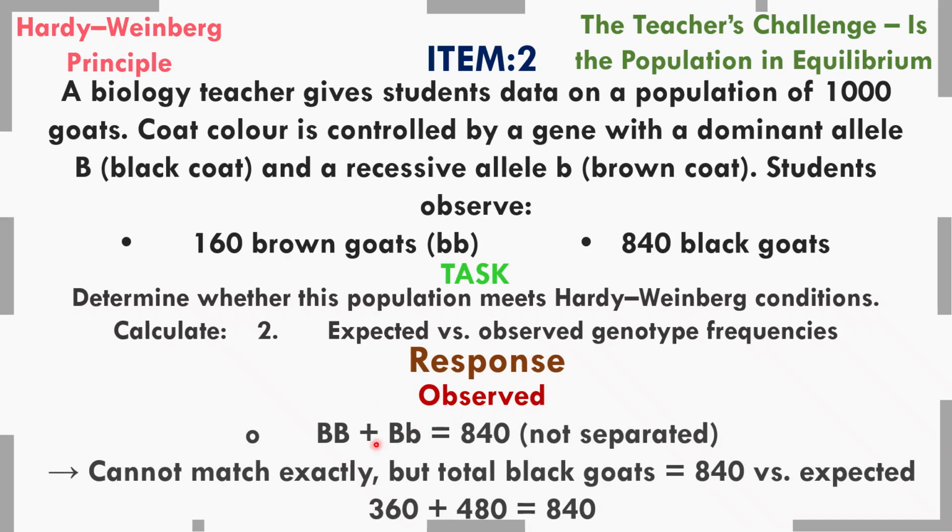Observed. Capital B capital B plus capital B small b represents the black goats, which is equal to 840. These are not separated, so they cannot match exactly, but the total black goats is 840 versus the expected, which is 360 plus 480, which gives us 840.